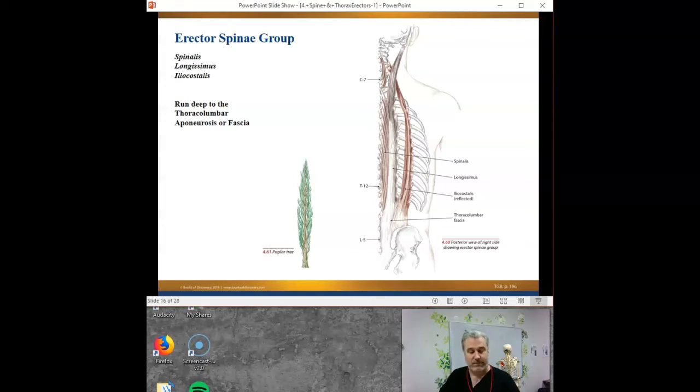Are they right next to each other, or do they also go up the spine? Yes, you're good to ask. The multifidi and rotatores are actually underneath, even deeper than this muscle. Later we will rip this muscle off and go even deeper.